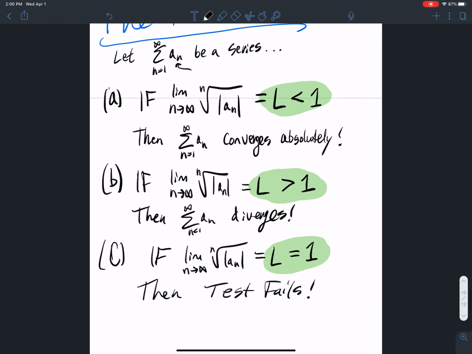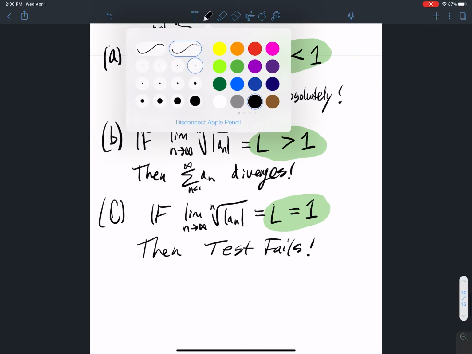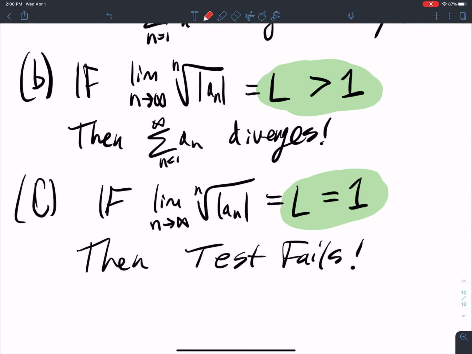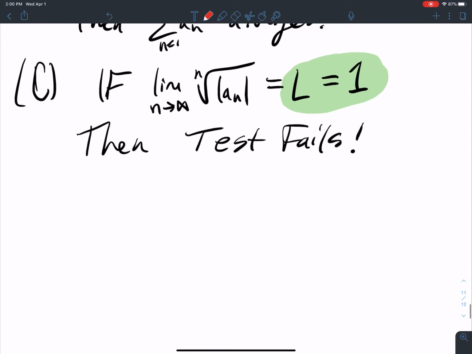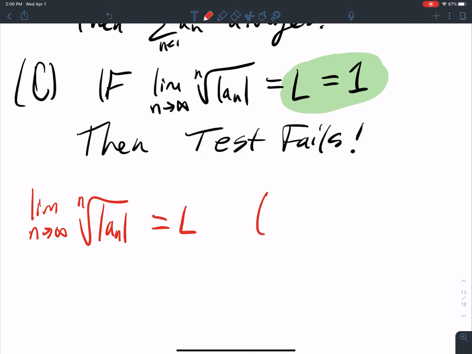So what's going on here? Basically, I'm taking this limit: the limit as n goes to infinity of the nth root of the absolute value of a_n equal to L. Now, what can I do to get rid of that nth root?